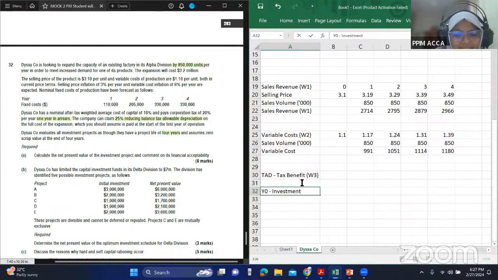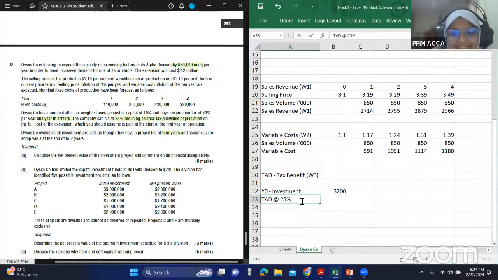How much is that investment? 3.2 million. Since we are doing everything in thousands, we'll call it 3,200. Okay, this is an investment. Now, for this 3,200, they give us a tax allowable depreciation at how many percent? 25% you can claim.